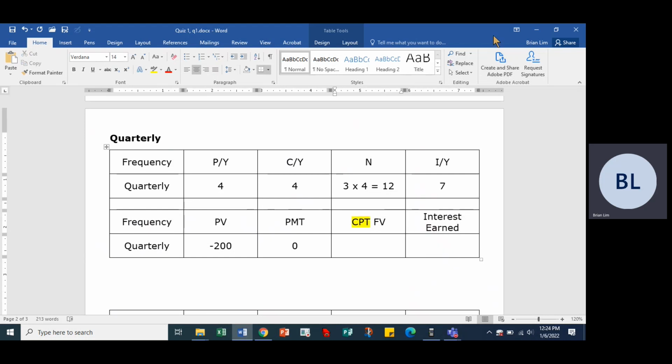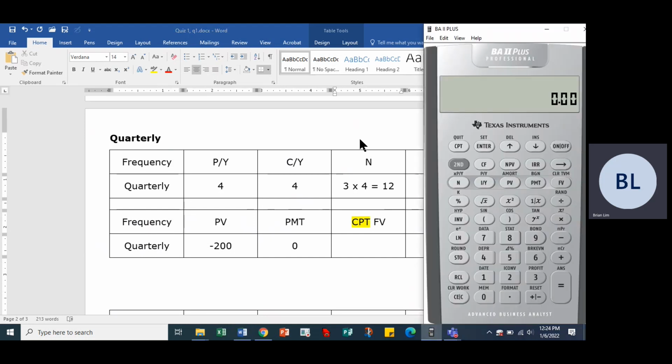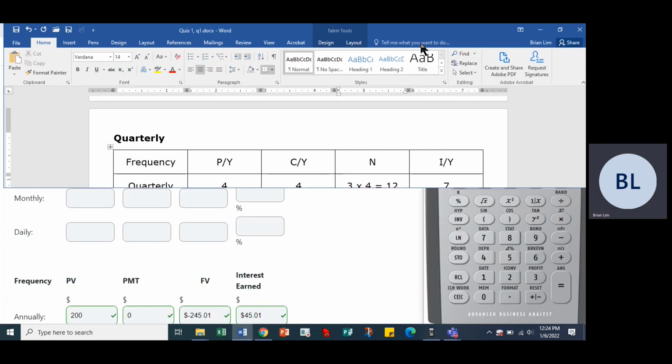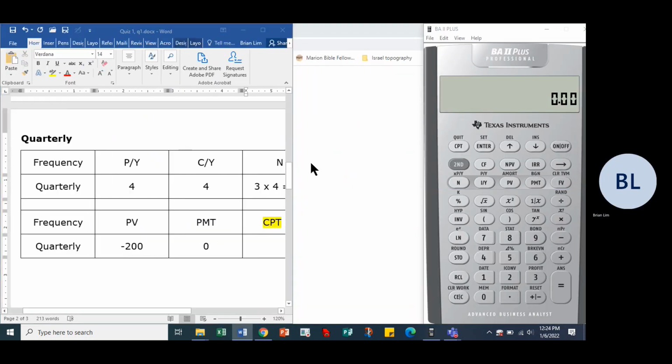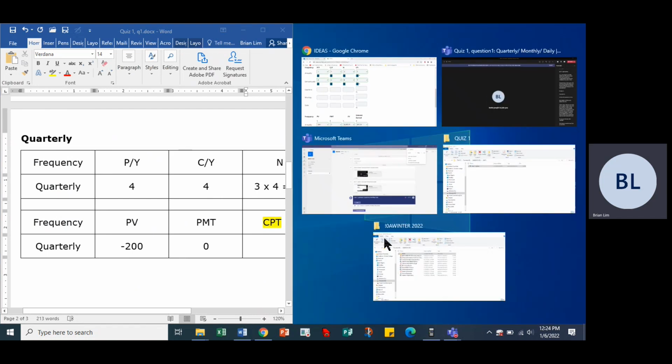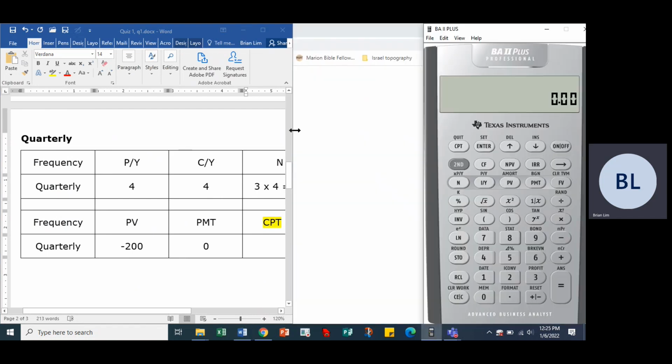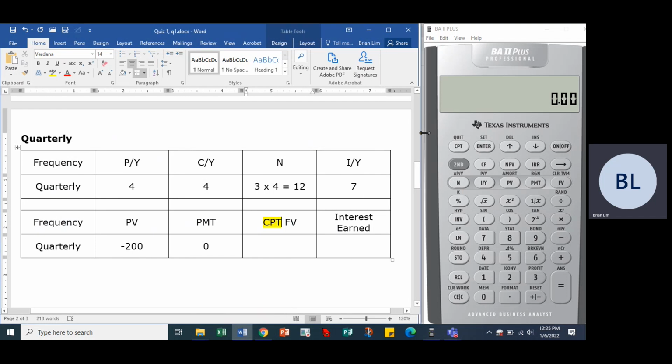All right, now that having been done, we can now introduce the calculator. And maybe it would be best if we can see both items together. So let's go here and let's expand this. And there we are.